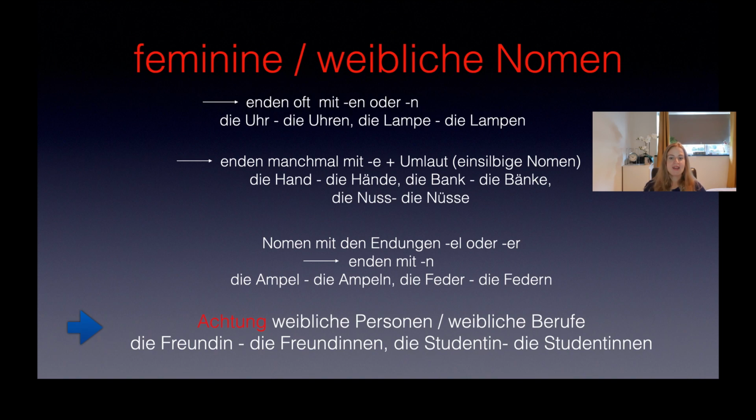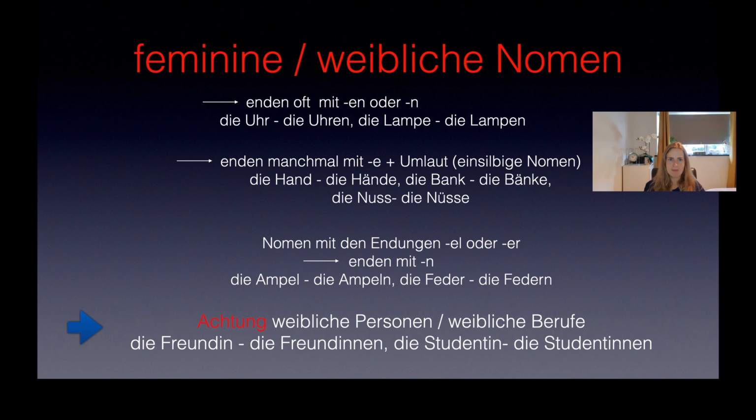Let's head on to the feminine, the weiblichen Nomen. They often end with en or n if you put them into plural. Another 90%. For example, die Uhr, die Uhren. In this case, we're talking about the wristwatch.